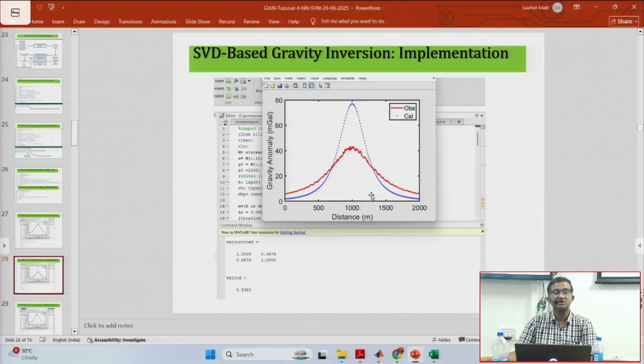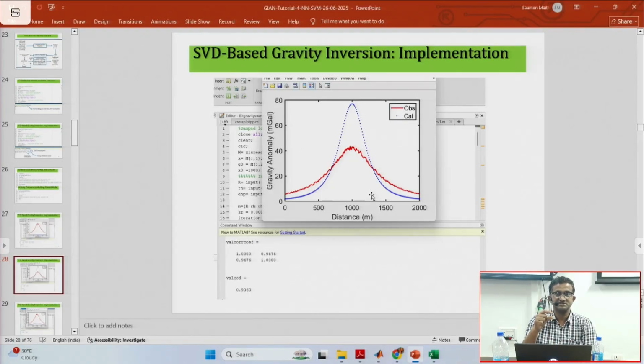What is optimal? Optimal does not necessarily mean always a minimum or a maximum; it will be a combination of these things. In such equivalent problems, a combination of solutions may all be solutions, but which one will be the pick? That is again the problem of non-uniqueness, which many of our potential field problems like gravity face.